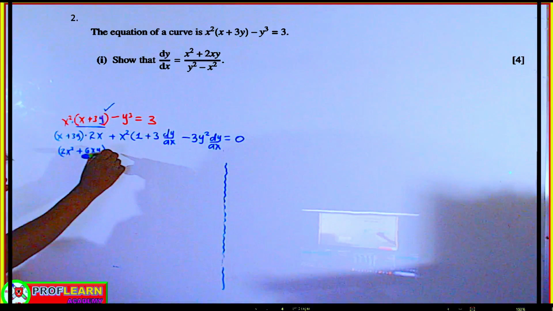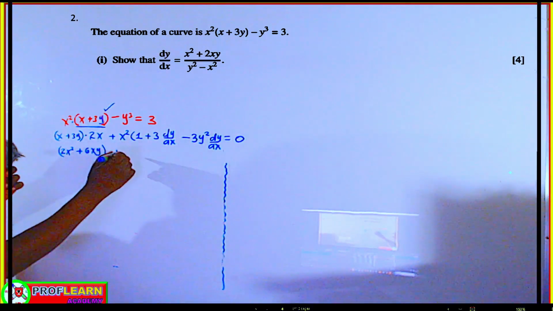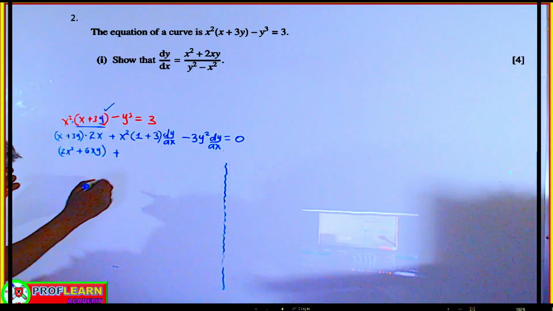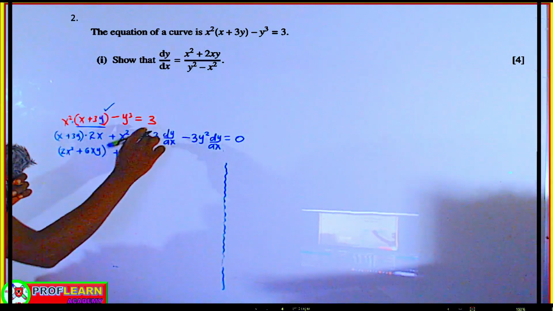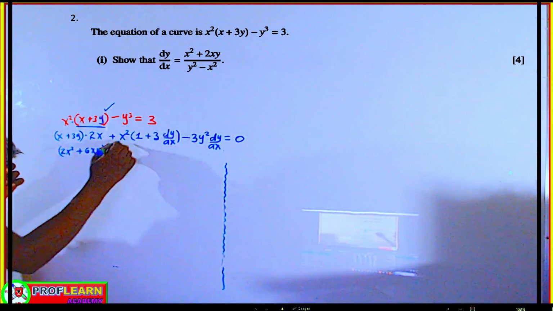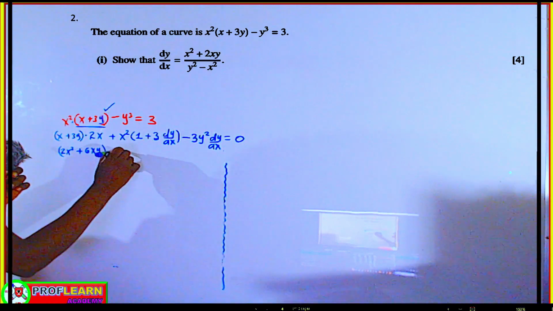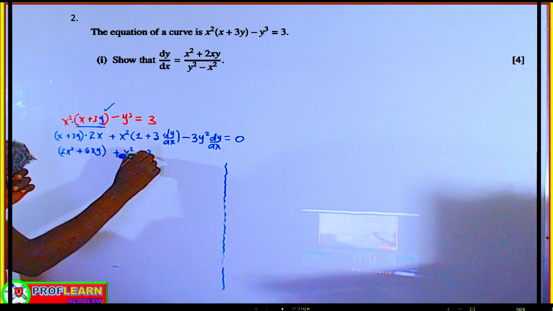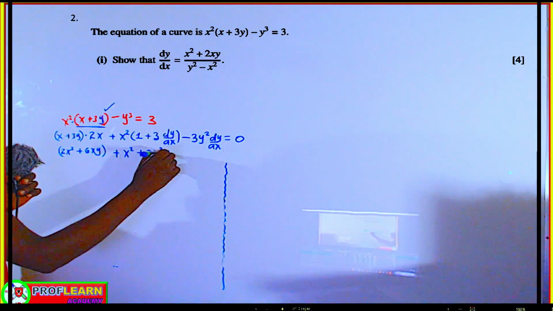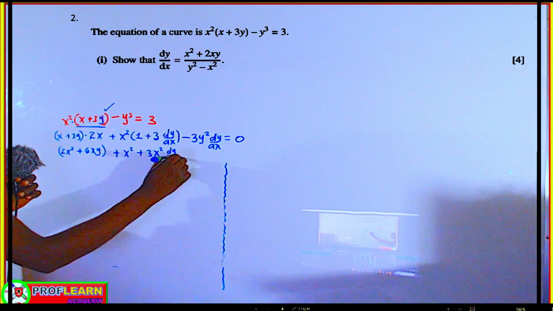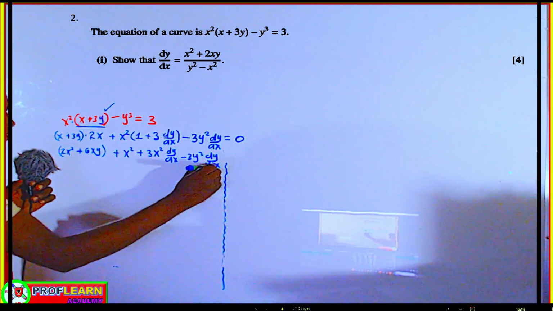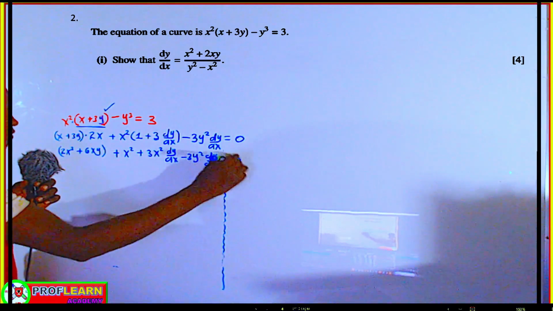This is the first term, and then plus, if I open the bracket, I'm going to have x squared plus 3x squared dy/dx minus 3y squared dy/dx is equal to 0.